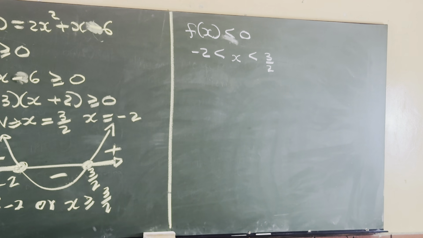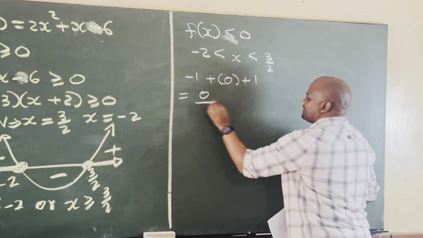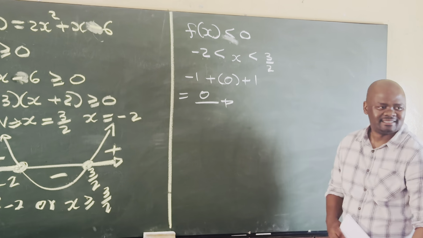Do we count 2? No. So that means the sum will be 0. Okay? And then 1.3, we are given x squared minus 2xy minus 8y squared equals 0.